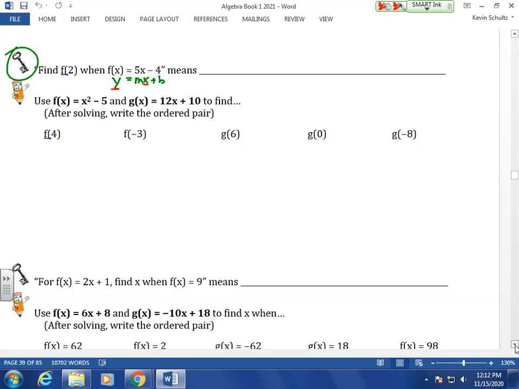F of x is really another way to represent the y-axis, or your value for the y-axis. G of x, same thing. H of x, same thing. So when it says find f of 2, when f of x equals 5x minus 4, we've replaced this x with 2 right here. So they are giving you the value for x.